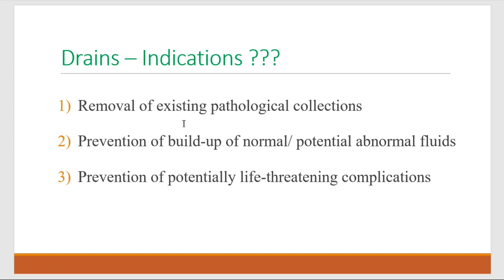We are 100% sure that this patient has had major surgery, so we must put a drain in case some hemorrhage is occurring or some other leak is there that is going to raise intra-abdominal sepsis or an intra-abdominal collection, which again hampers the inferior vena cava return, having an effect over the cardiac output.